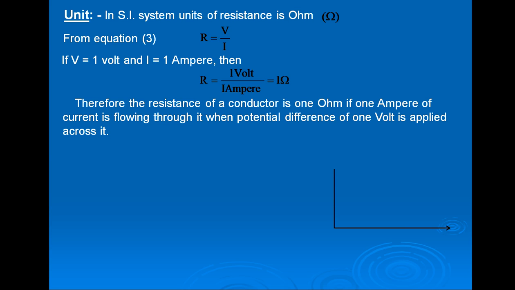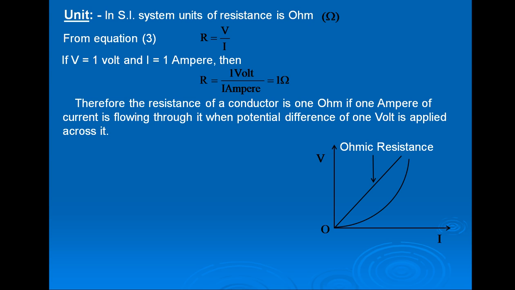Graph between V and I. Along the x-axis take current I and along the y-axis take potential difference V. This is the graph between V and I. If the graph between V and I is a straight line, that type of resistance is called ohmic resistance, that is, it obeys Ohm's law.